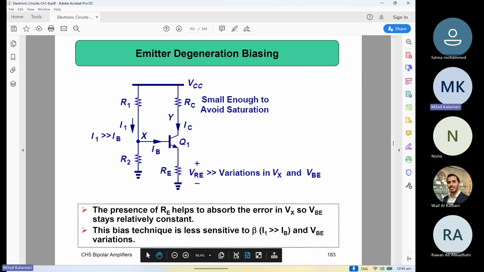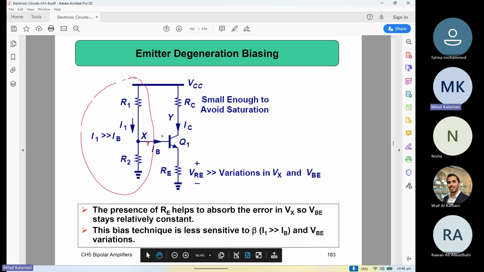So yeah, one more robust way to do the bias basically is using this circuit for the BJTs usually. First of all, you use some voltage divider to make the base voltage for you, right?